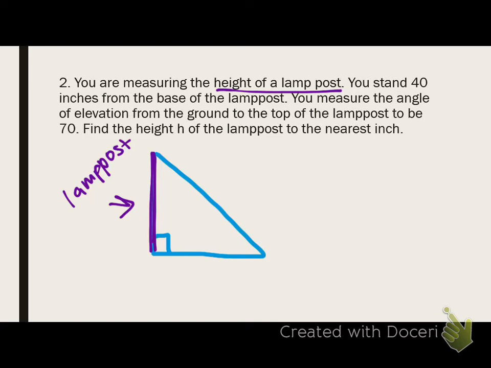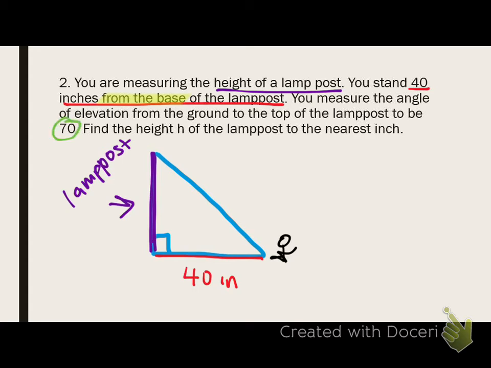You're measuring the height of the lamppost. You stand 40 inches from the base of the lamppost. So the key word there is from the base. So which side is that going to be? On the bottom, the horizontal there. So 40 inches. Essentially, you are standing here. And then, there's our lamppost. You measure the angle of elevation from the ground to the top of the lamppost to be 70.